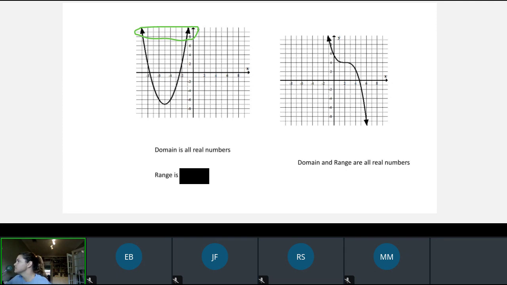So now we want to look at the range. So here's my lowest value, and that's going to be at -7. So our range is going to be all values for y that are greater than or equal to, good, -7.